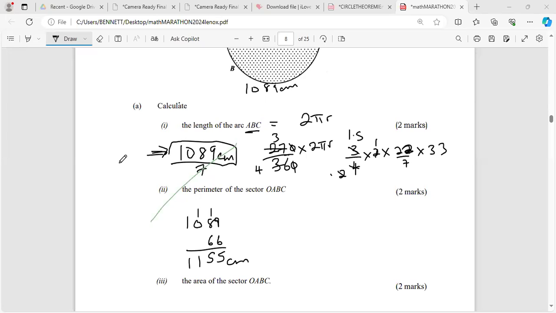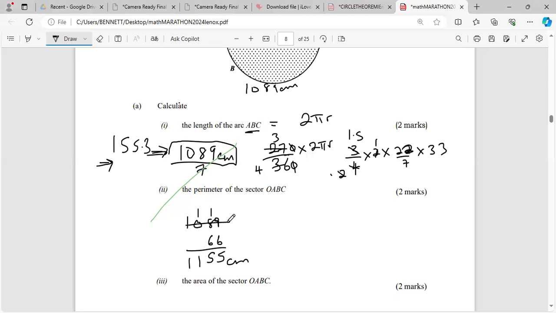Alright, so we never divide by 7. So I could say, you work it out? I'm just putting it in the calculator. 1089 divided by 7. Oh, so 155. They never said to have no decimal place. So 155, we could call it 0.3.